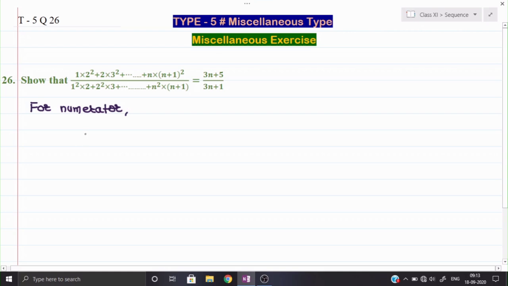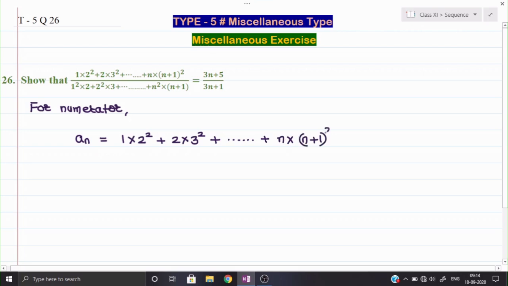Okay, what is given to us? The sequence is 1 into 2 square plus 2 into 3 square, and so on, plus n into (n plus 1) the whole square.